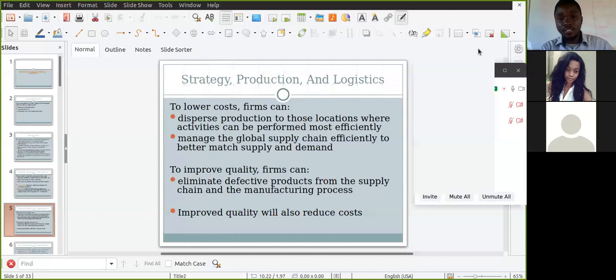To improve quality, firms can eliminate defective products from the supply chain and the manufacturing process. Improved quality will also reduce costs. I remember there was a time when I used to work as a casual worker for Trade Kings. When you're producing something, it has a production chain.